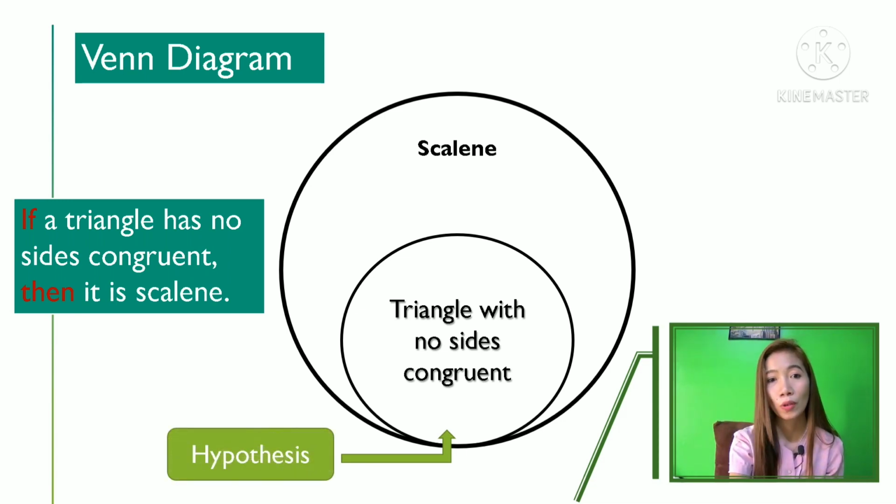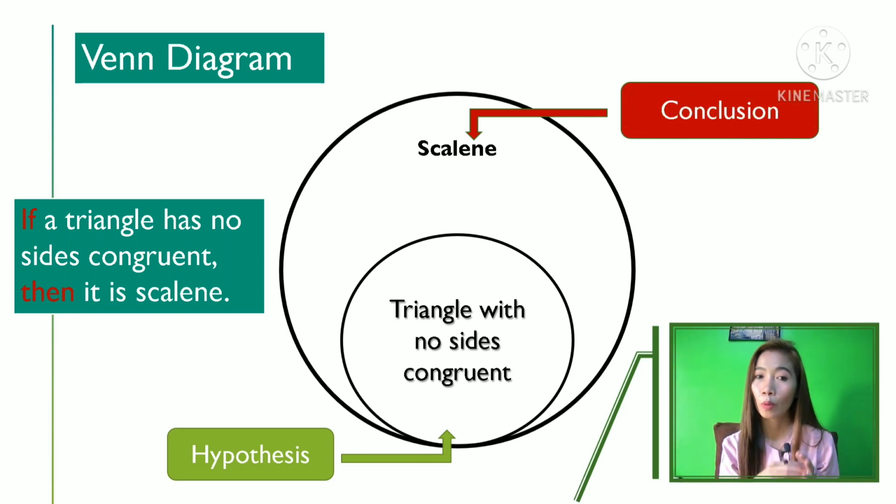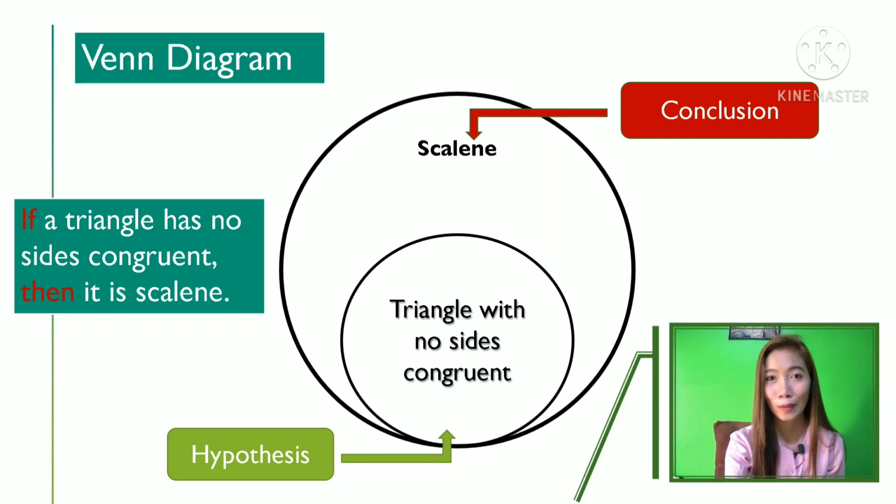At yun namang nasa labas ng hypothesis, or which is in the bigger circle, that is the conclusion. So, ganyan lang. Ganon kasimple when it comes to using a Venn diagram in illustrating a conditional statement.